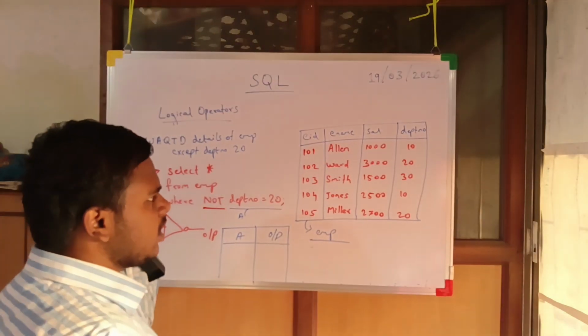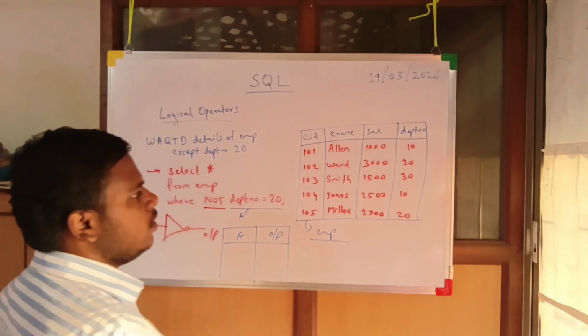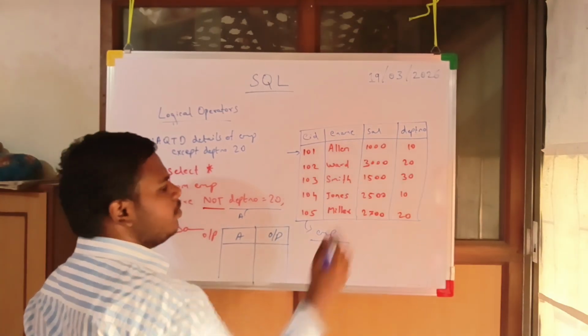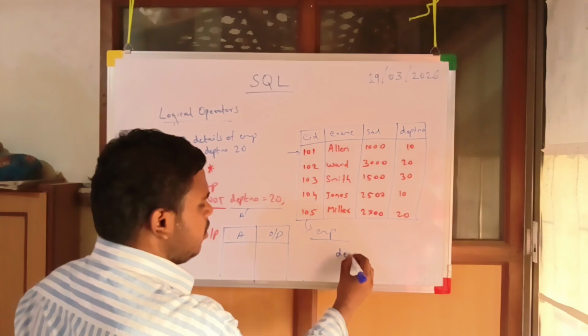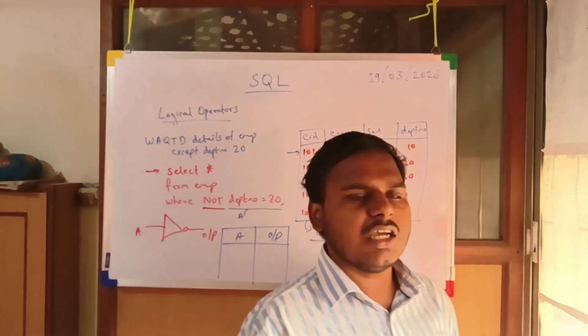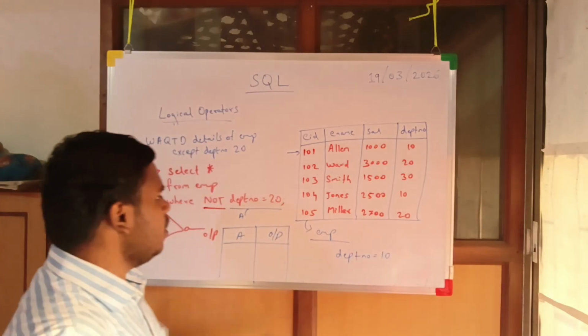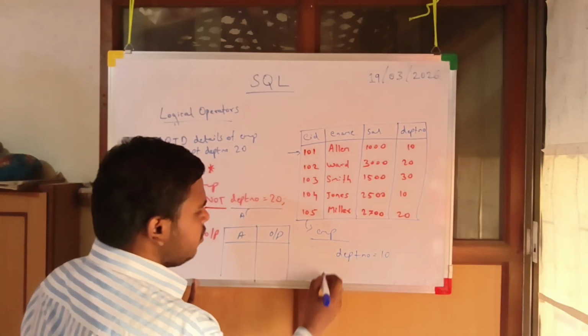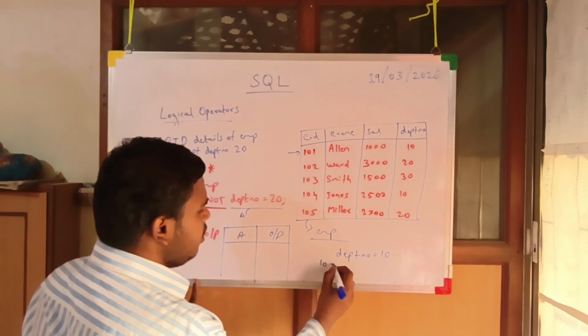First of all, it will check whether the department number is equal to 20 or not. When we go to the first record, the department number shown is 10, which is not matching department 20. 20 is on the right hand side, so is 10 equal to 20?